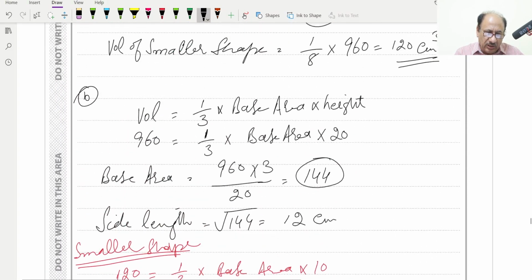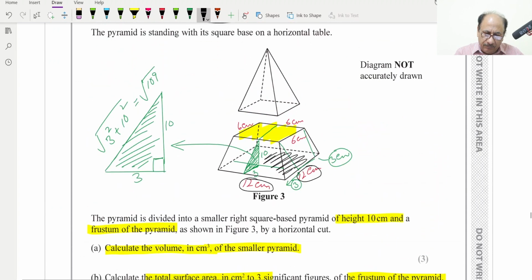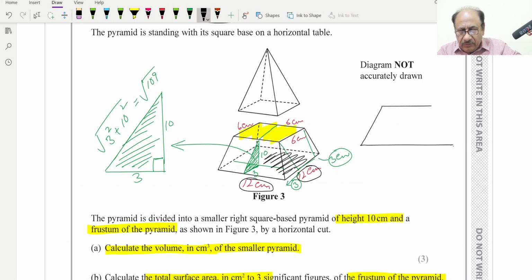Plus we have four sides which are trapezium shaped. If I draw separately, those trapezium shapes are like this one. So one side is like this: this side is 12, this side is 6, and the perpendicular height is 10.